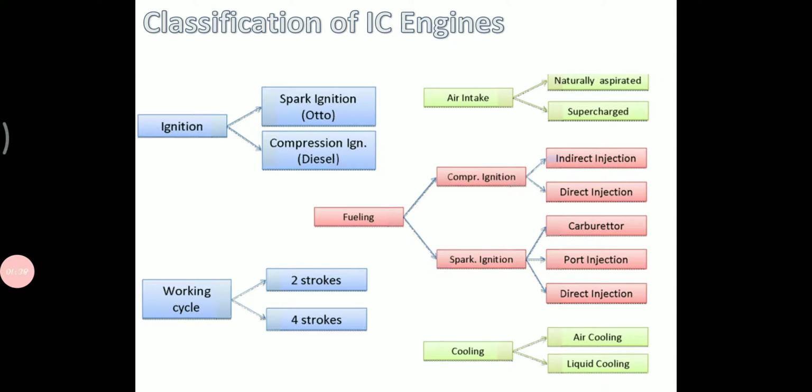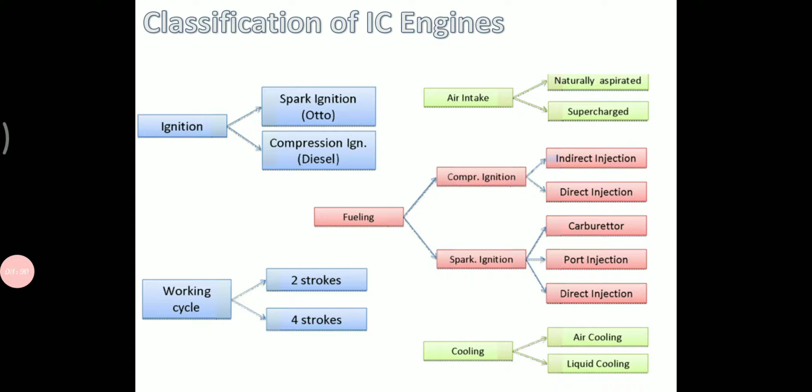Engines are devices which convert the combustible product, or thermal energy, into mechanical work. If combustion takes place inside the engine, then it is called an internal combustion engine or IC engine. If the same combustion takes place outside the engine, then it is called an external combustion engine.